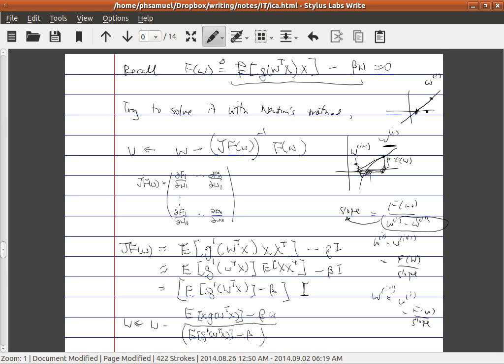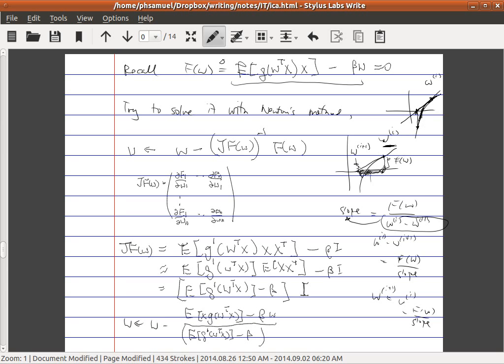But if it is not a straight line, then you go to here, then the next time you are at here, and then you go up, and then go back and forth, and eventually go to the solution.